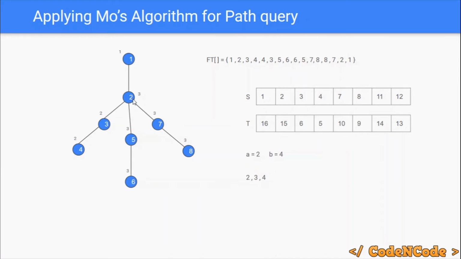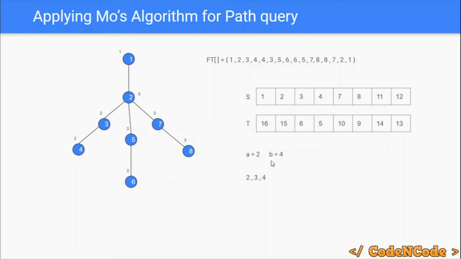The path 2 3 4 contains all of the nodes which lie on the path from 2 to 4. So in Mo's algorithm, L would become starting time of A and R would become starting time of B in the first kind of query. So we see there are 2, 3 and 4. These are the nodes on the path from 2 to 4, from source to destination.